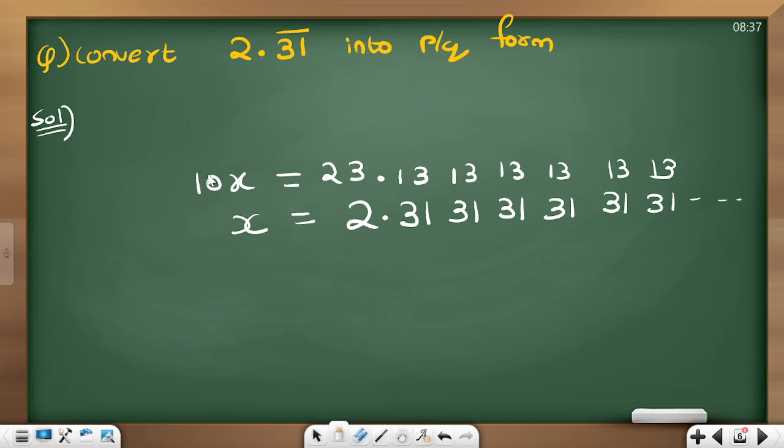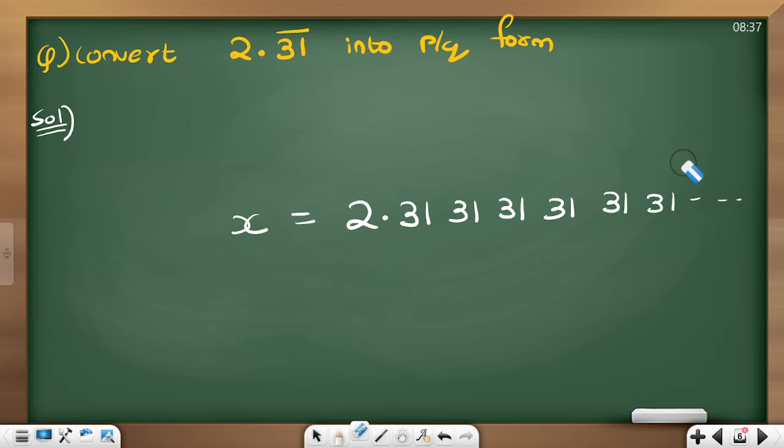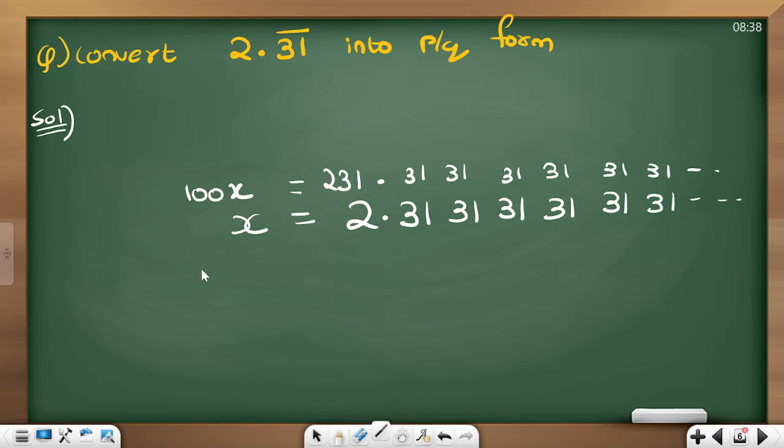Therefore I am not going to multiply with 10, I am going to multiply with 100. 100x equal to 231.31 31 31 31 and so on, right?